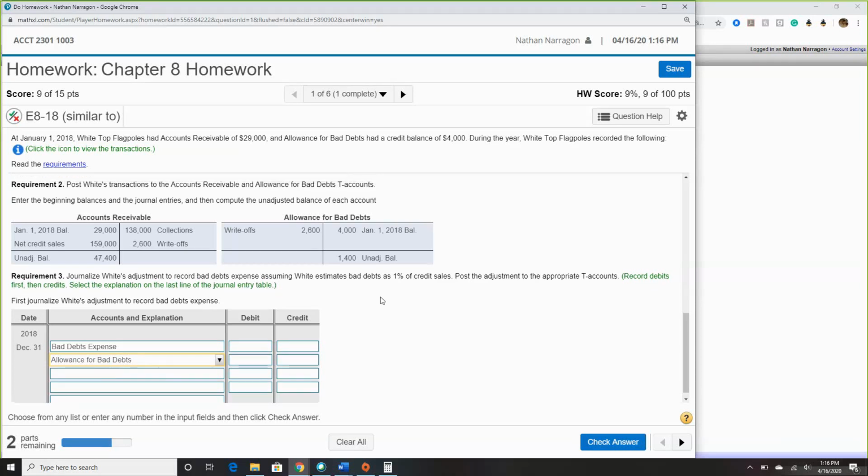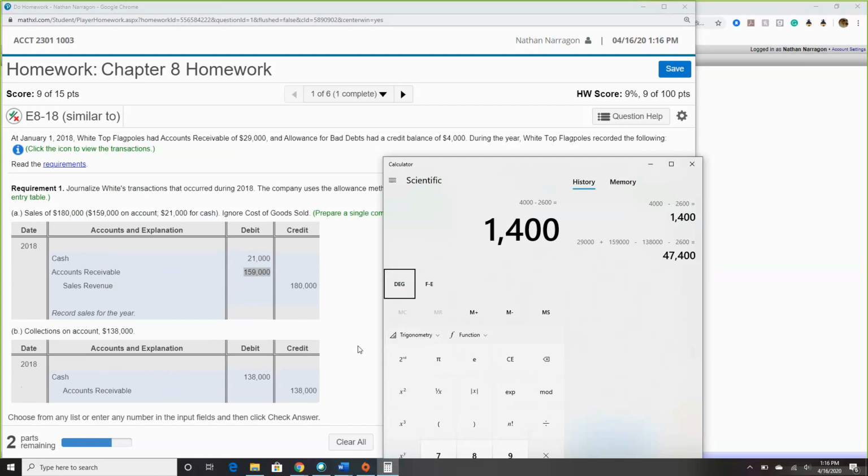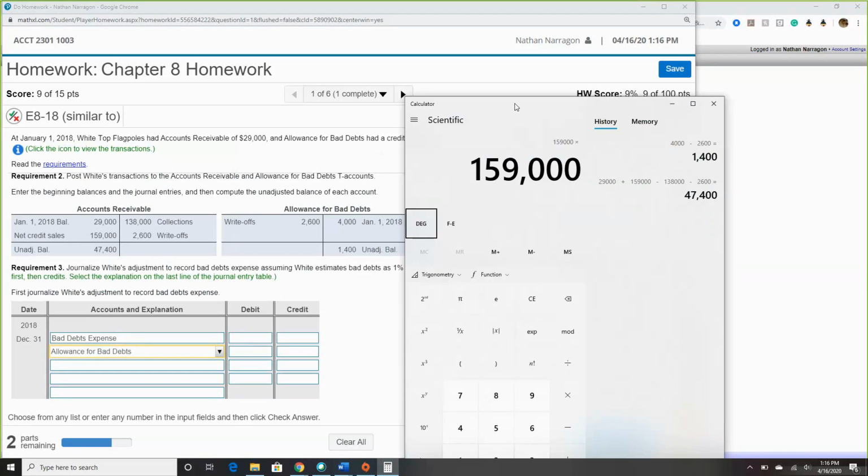Next, you need to figure out credit sales, which you can find in this journal entry, or when they say on account, so it's $159,000. Let me put that in, times our percentage, which was 1%.